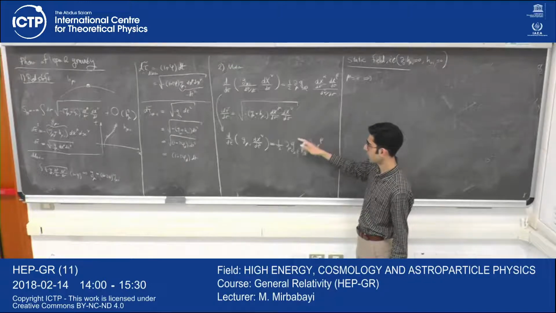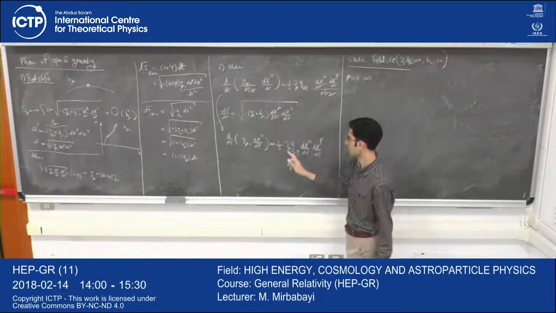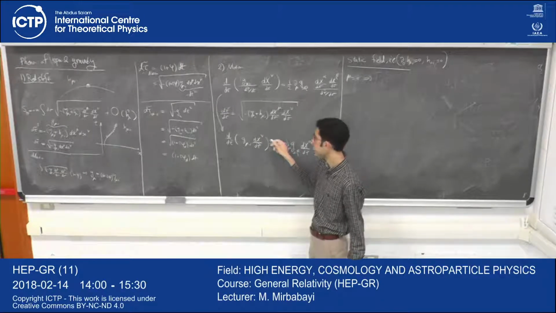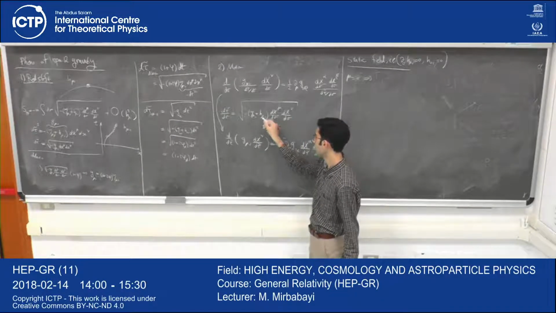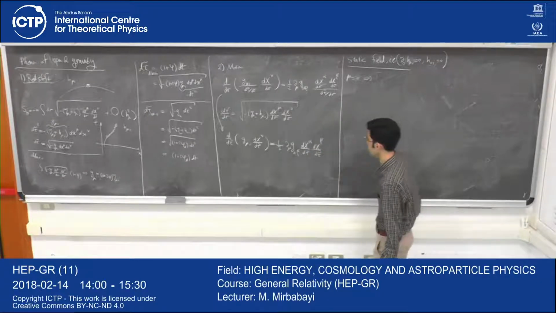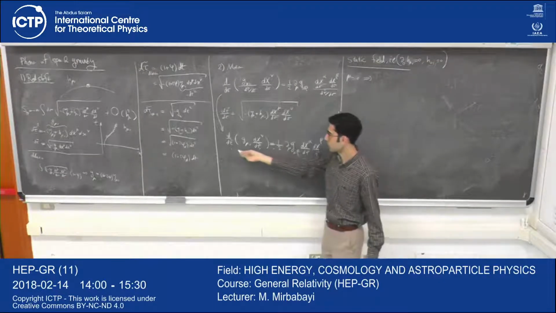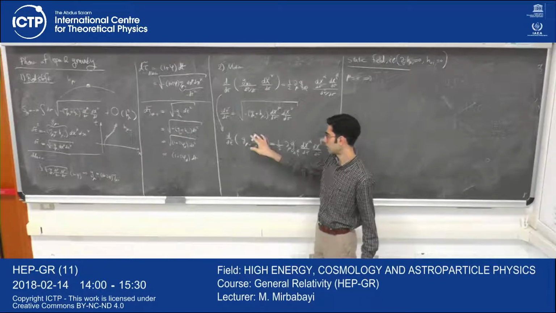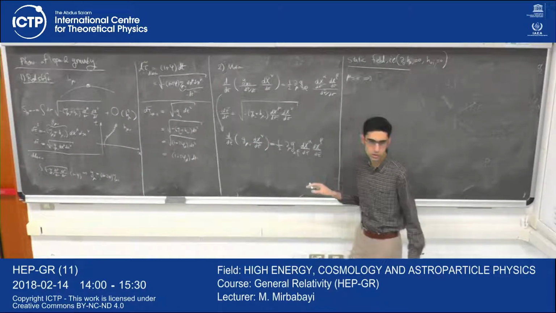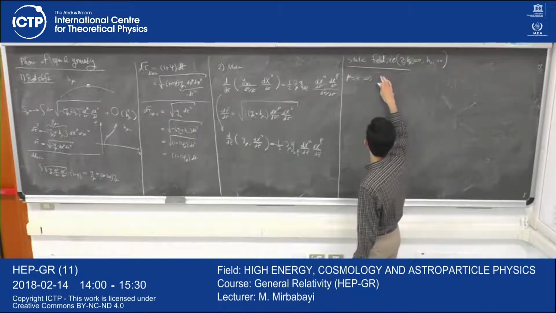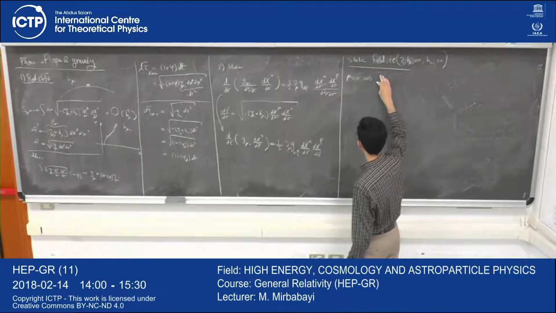Remember, g is just eta plus h, so eta is just a constant whose derivative vanishes. It becomes d0 h, and h is assumed to be time independent. So the derivative of this object is equal to 0, and that gives us a constant of motion.